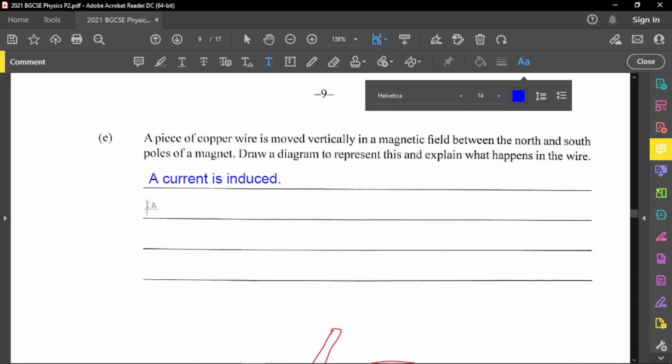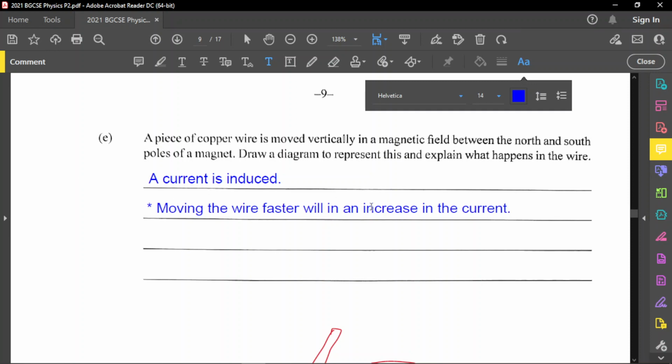So moving the wire faster will result in an increase in the current.